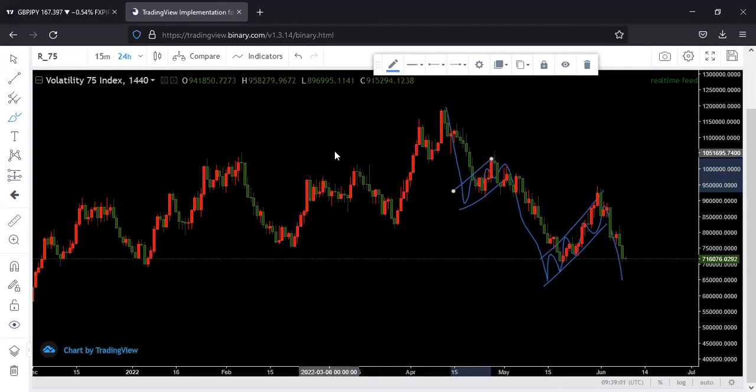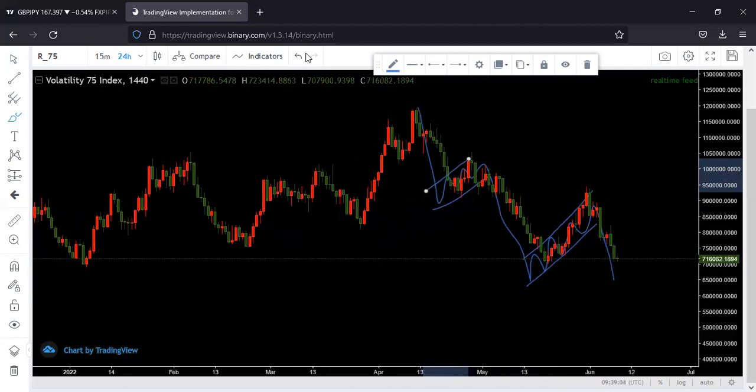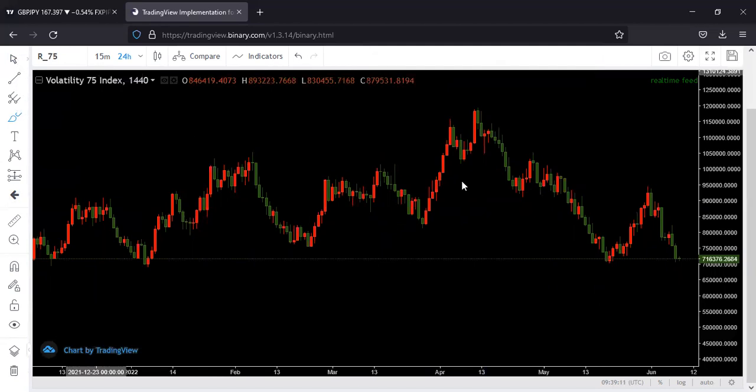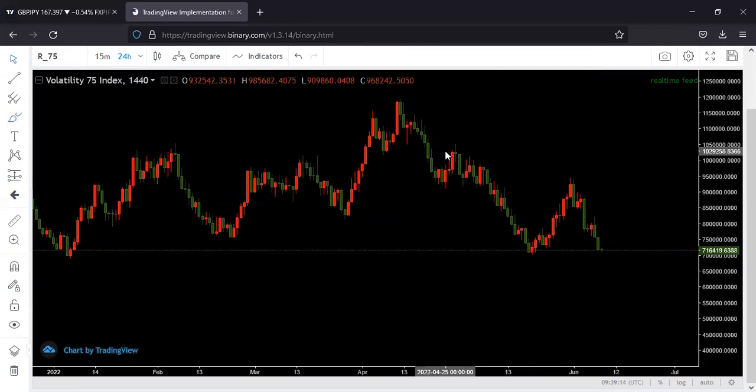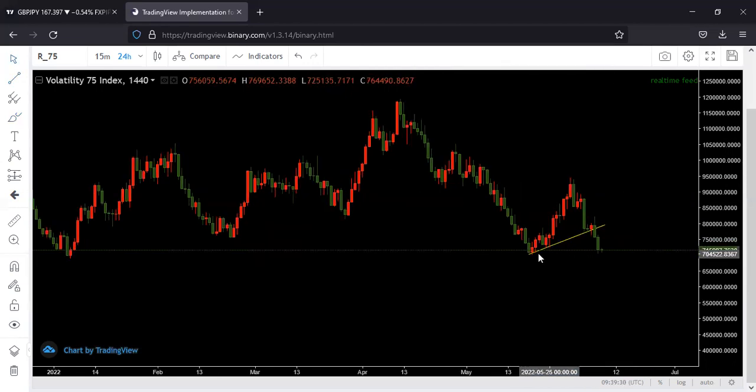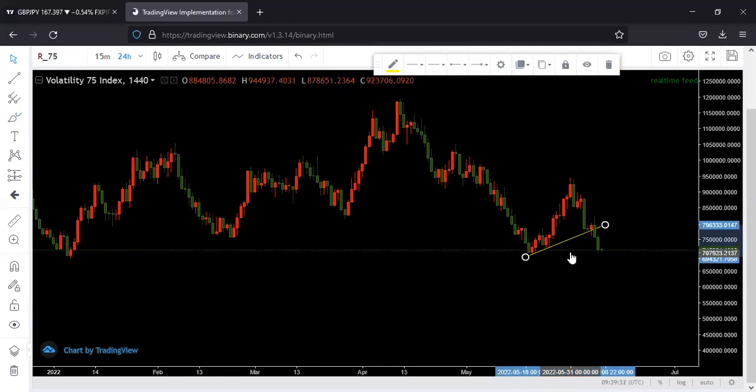Okay. So now, guys, what are we going to do next now? We are going to lead this kind of structure. So see guys, I'm going to use this trend line to draw this from this point to this point. So you see, this point to this point, we had something like consolidation.